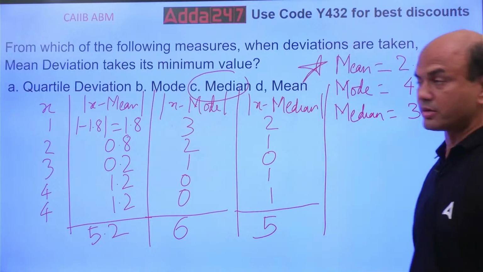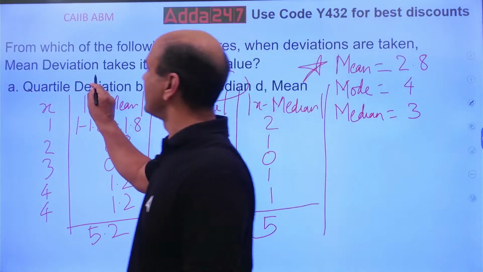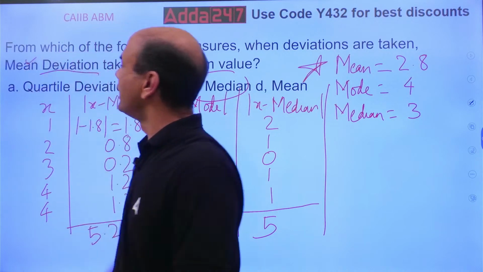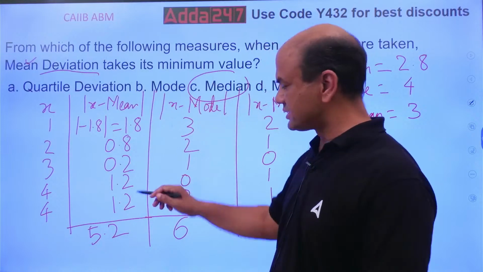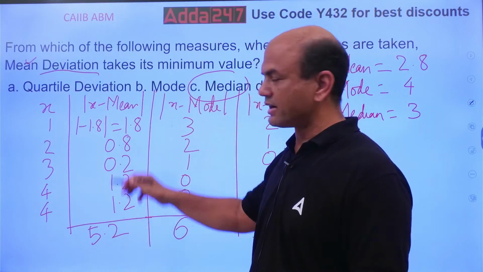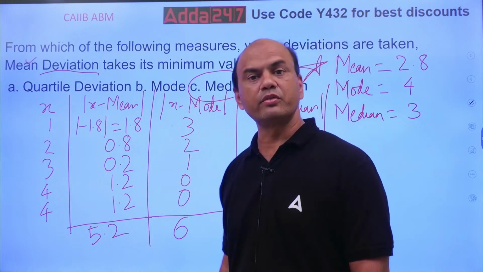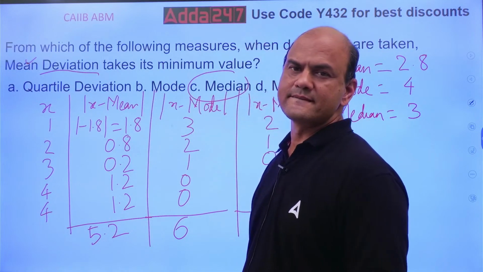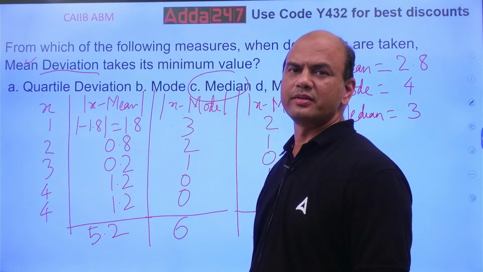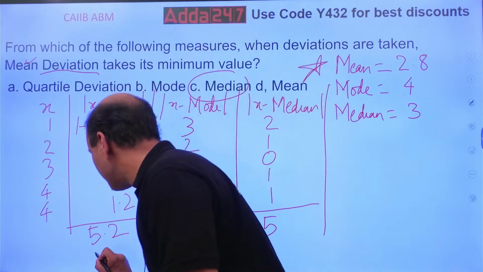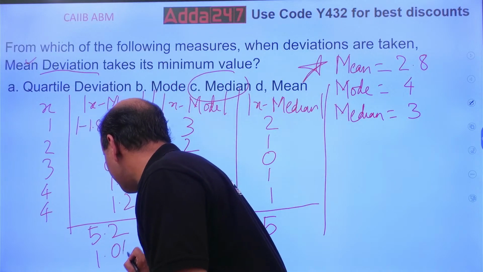This is the total, but what do you want? Mean, average, you want. Look at this word, mean: average. So divide this. 5.2 divided by 5 is 1.04.